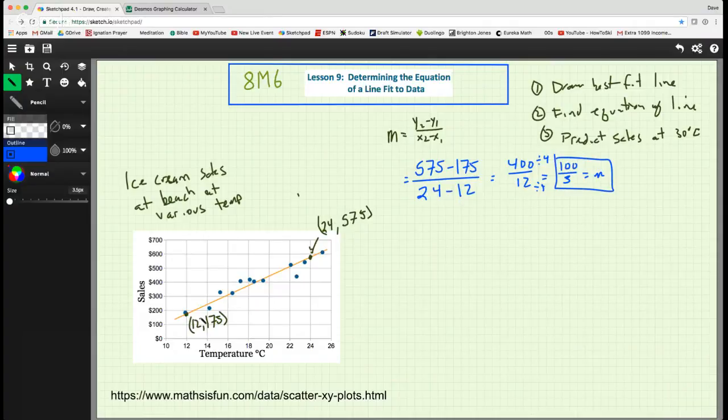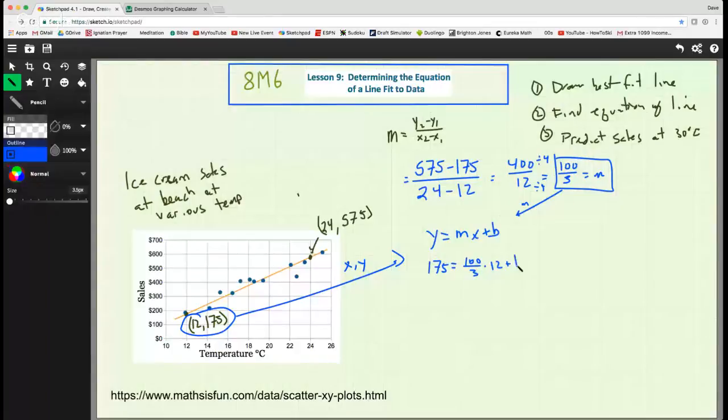Okay, now let's use this point here to find our b. So we get y equals mx plus b. We're going to take this, which gives us our x and our y. We're going to take this, which gives us our m. So we get 175 equals 100 thirds times 12 plus b. I don't even need to get out my calculator.